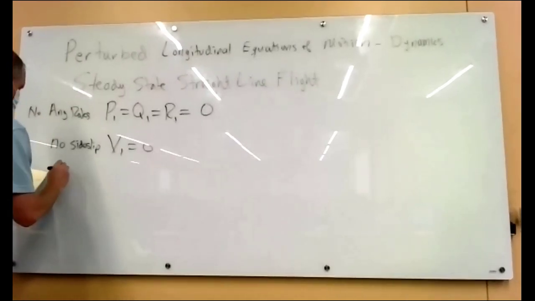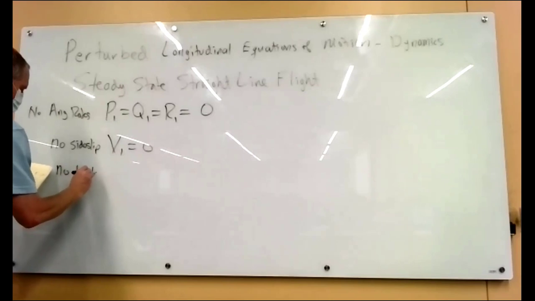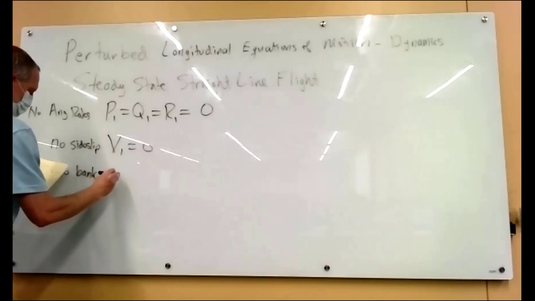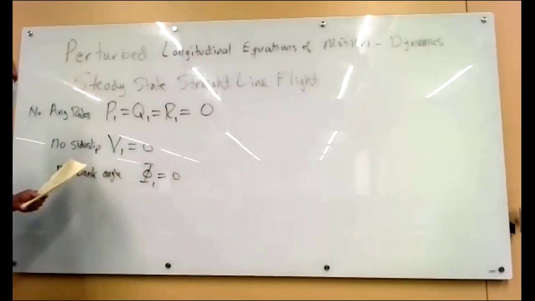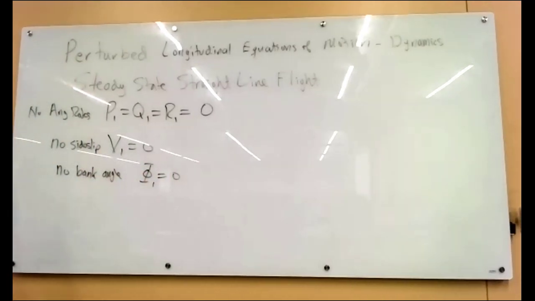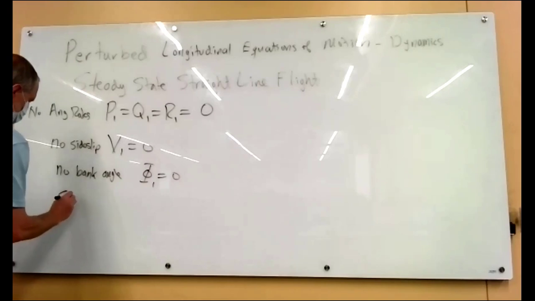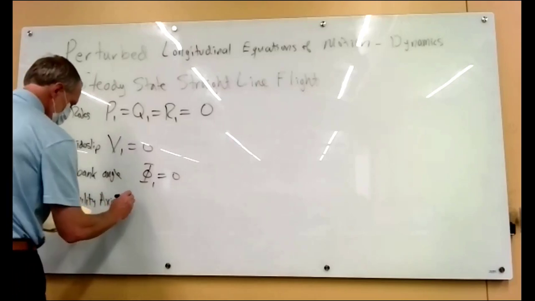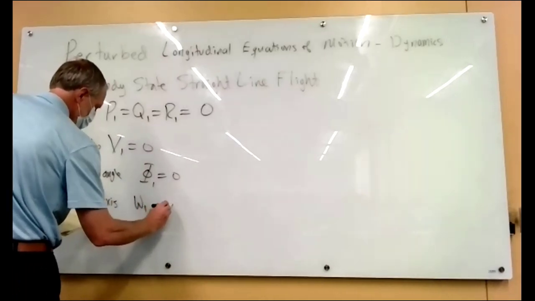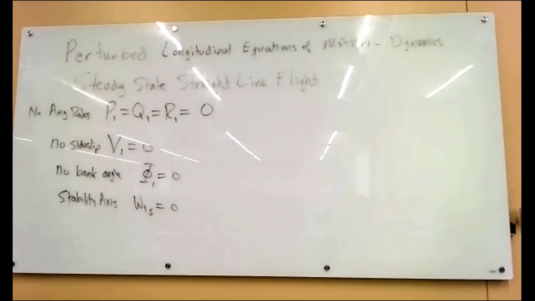We're going to say no bank angle to start out. The airplane can bank during the small perturbation, but that's 0, and we're doing stability axis. So W1 is 0. And like I said, this isn't anything new. We've specialized equations using these conditions for cruise.